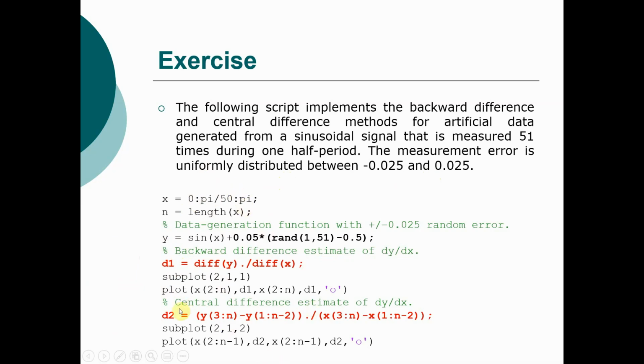And for centered or central difference estimation, we can't apply it on the first or last point. So if we have n points, we can only find the derivative at n minus 2 points. How do we do it? We go one step forward and one step backward.